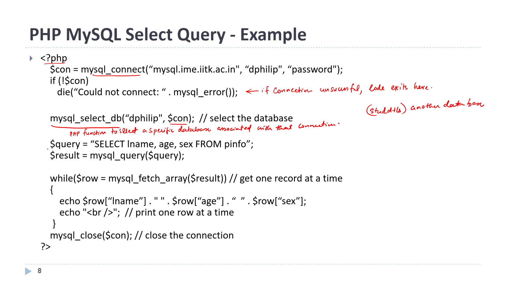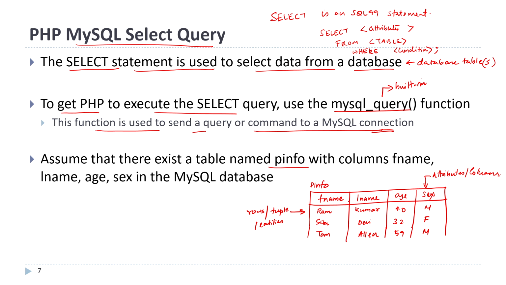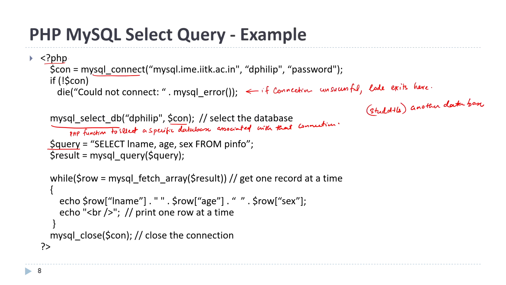Now, here is a dollar query, it is a string variable, and it says select lname, age and sex from pinfo. So, we are selecting lname, age and sex from pinfo, these three things, that is a query. You write the query in the form of a string here. Then dollar result is another variable, you say MySQL query and you give the variable dollar query.